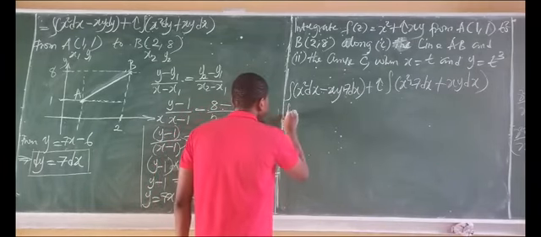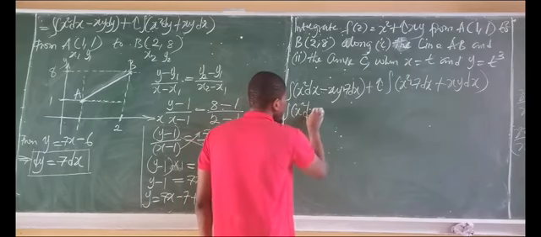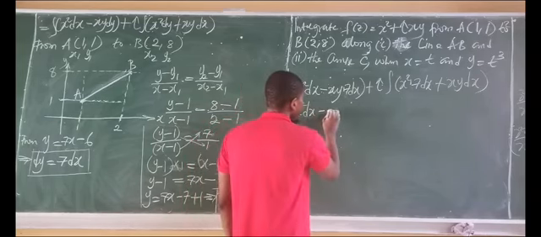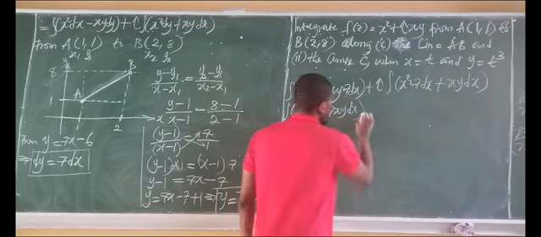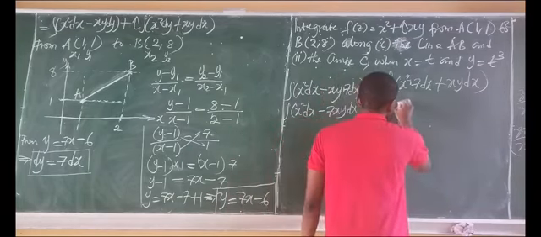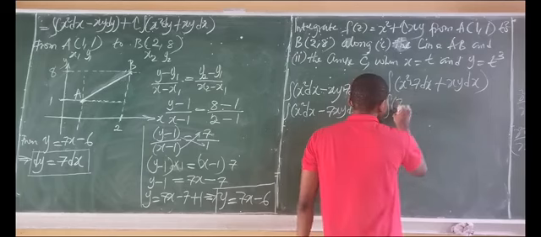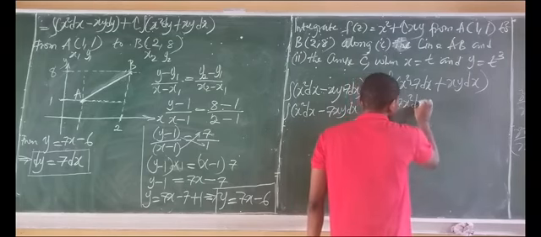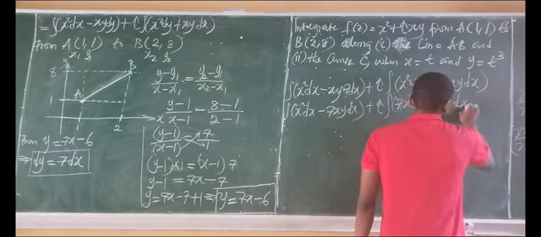We have integral of x squared dx minus, this becomes now 7xy dx, plus i integral of x squared times 7 dx becomes 7x squared dx, plus xy dx.